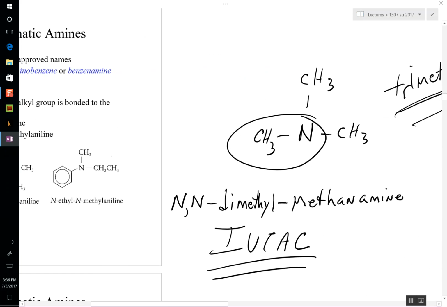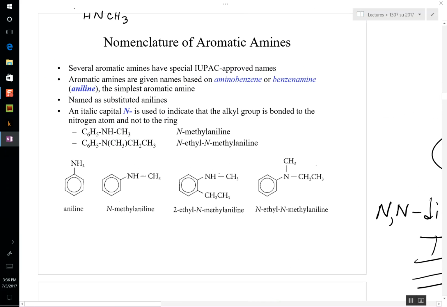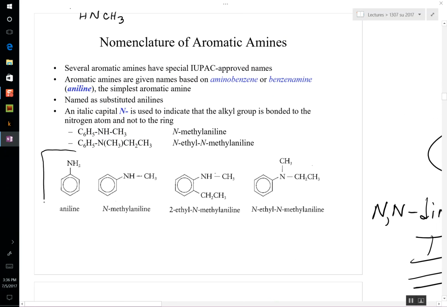You should have a 3x5 card on this one. There's your benzene ring with your NH2 group on it, and its name is aniline. So memorize the name and structure of that molecule. That'll be on the test.